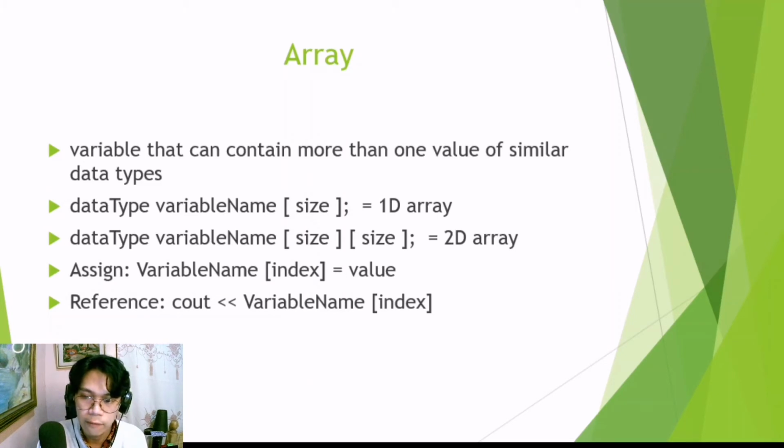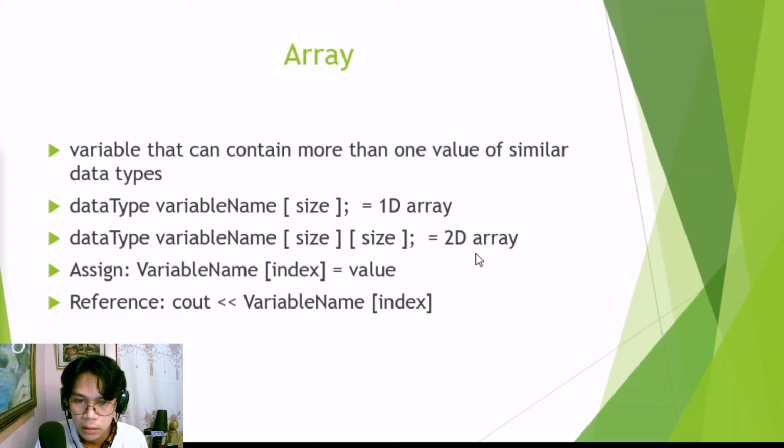So let's say that we have an array of integers. If you assign a non-integer value in the array, then it would result to exceptions or errors. Now for one-dimensional arrays, we use the syntax data type, variable name, and the size it contains.